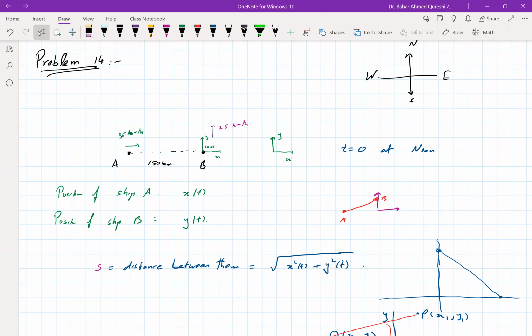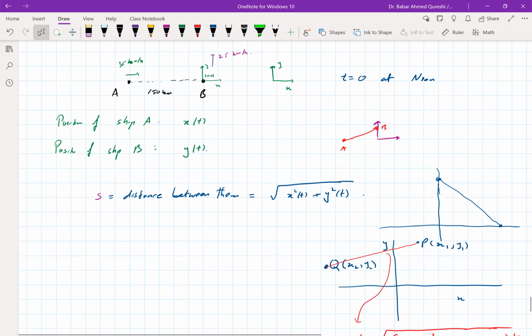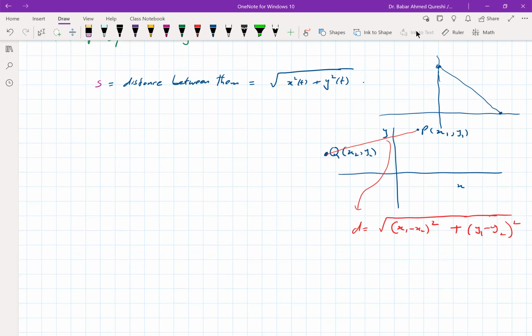And since ship B moves in a perpendicular direction to that, south to north or north to south, wouldn't matter either, I have taken that line to be the y-axis. So ship B's x component will always be 0, and ship A's y component will always be 0. So I don't get this, and I don't get this.